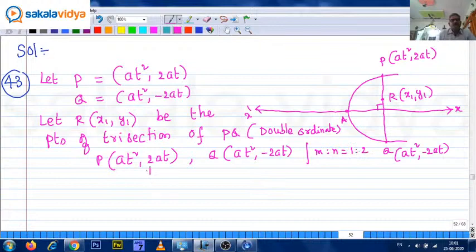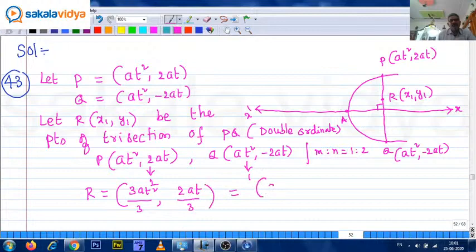So R coordinates are (2at square plus at square, 3at square) upon 2 plus 1 is 3, comma (4at minus 2at), 2at upon 3. This will be R coordinates, obviously (at square, 2at upon 3).